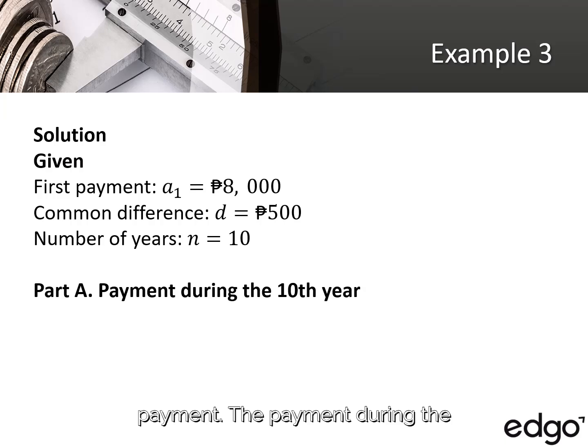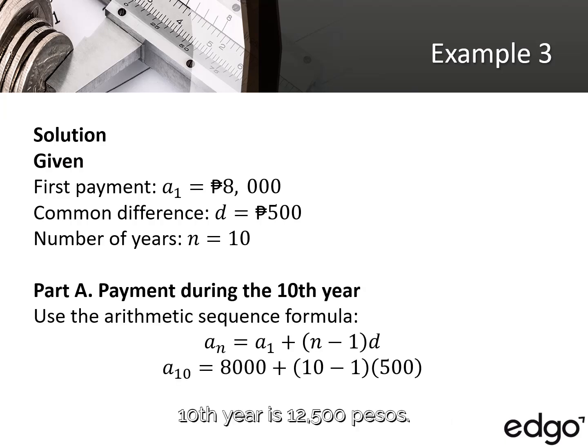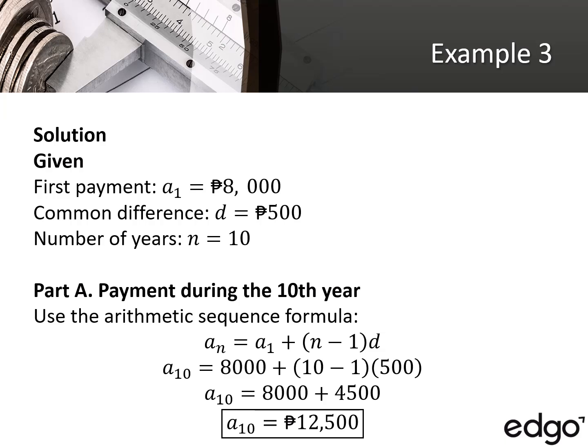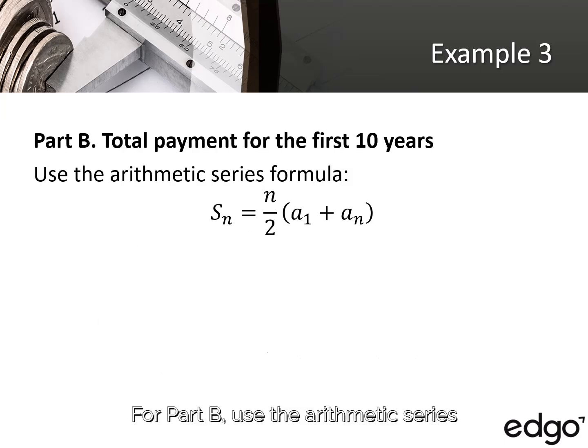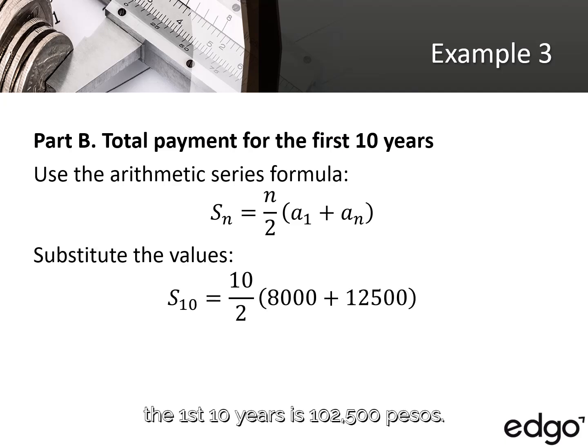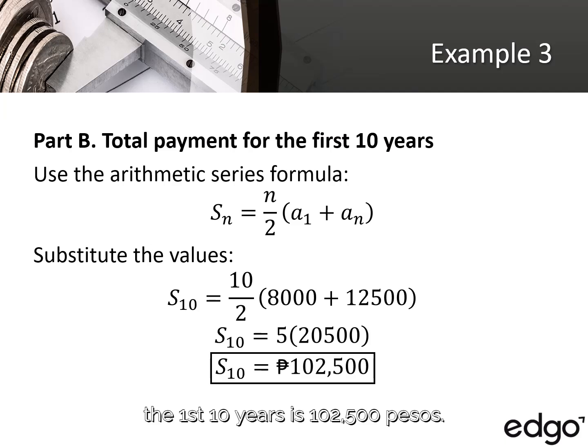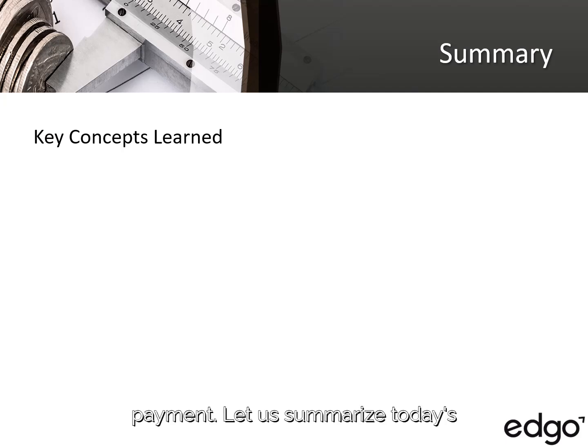The payment during the 10th year is 12,500 pesos. For part B, use the arithmetic series formula because we want the total payment. The total payment for the first 10 years is 102,500 pesos. This example shows that the sequence formula is used for one payment, while the series formula is used for the total payment.